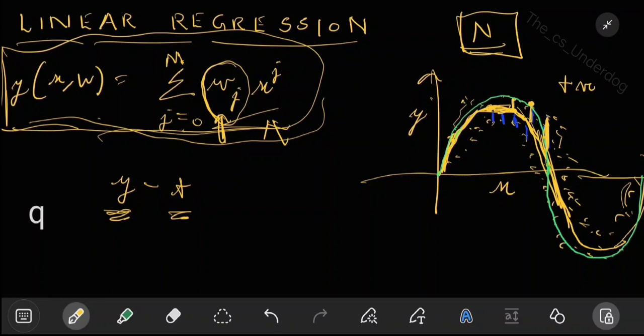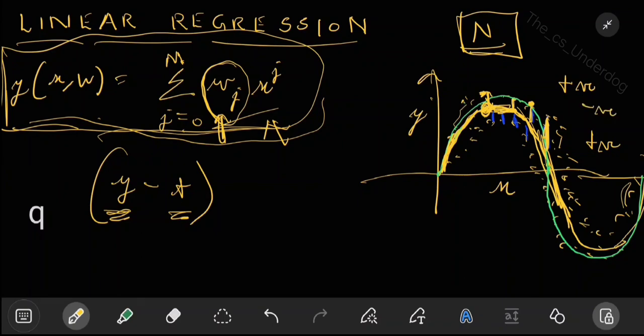For example, according to your curve, the point lies here, but maybe the actual point is lying here. So this is the difference, right? So that difference is y minus t. But this y minus t will be positive for a point below and negative for a point above.